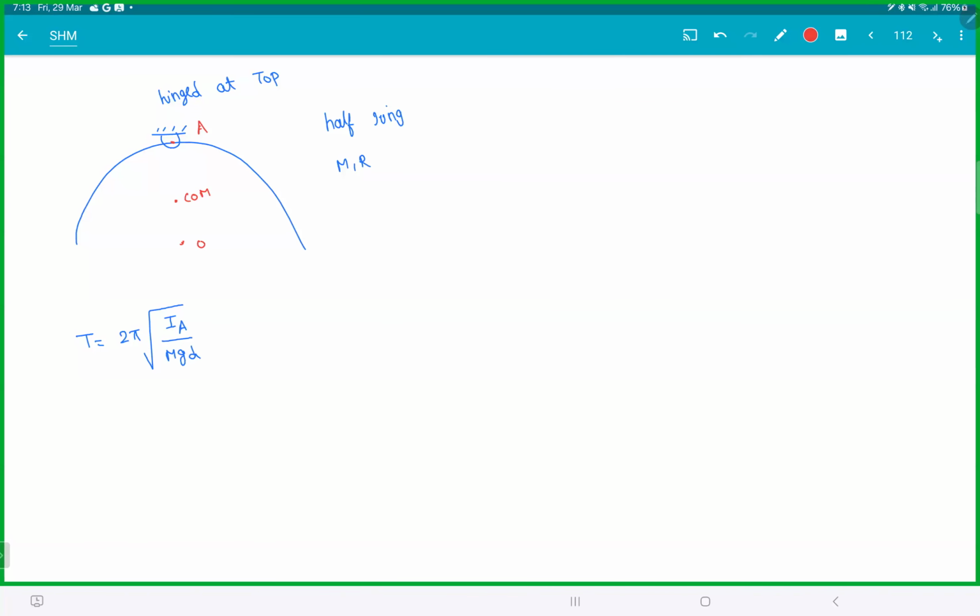We know I_O, and this distance is 2r by pi. And this is r minus 2r by pi. So I_O is I center of mass plus m into (2r by pi) whole square. I_A will be I center of mass plus m into (r minus 2r by pi) whole square.